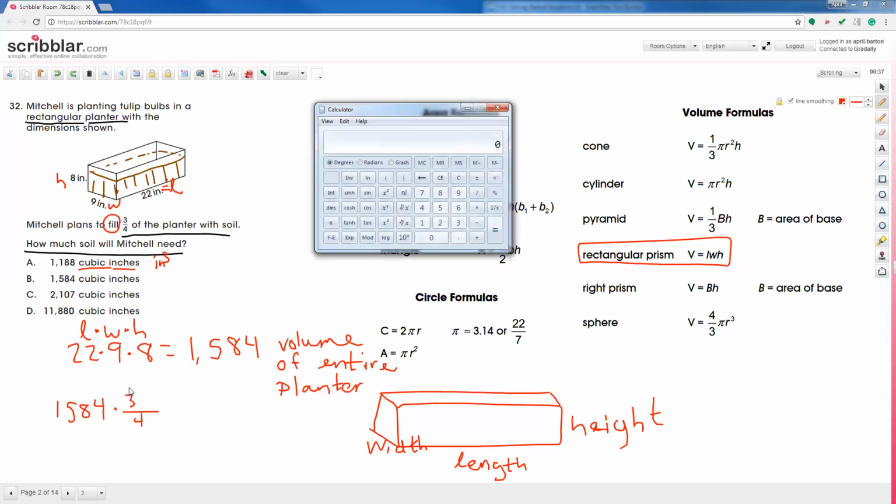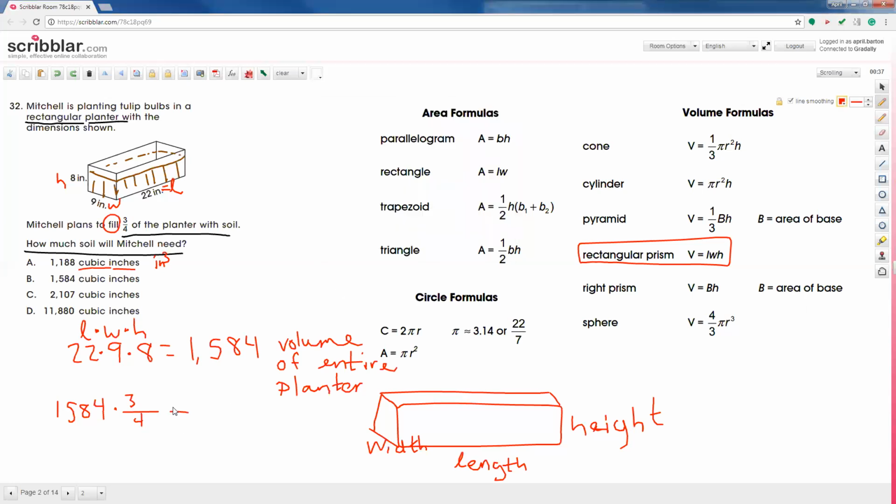When you multiply something like this out, it's a little more complicated. So your calculator will look a little bit different than this, but you still can type it in the same way. We type in 1584 multiplied by a fraction 3/4. This calculator, though, doesn't have a fraction button. So when we want to write it into the calculator, we say times 3 divided by 4.